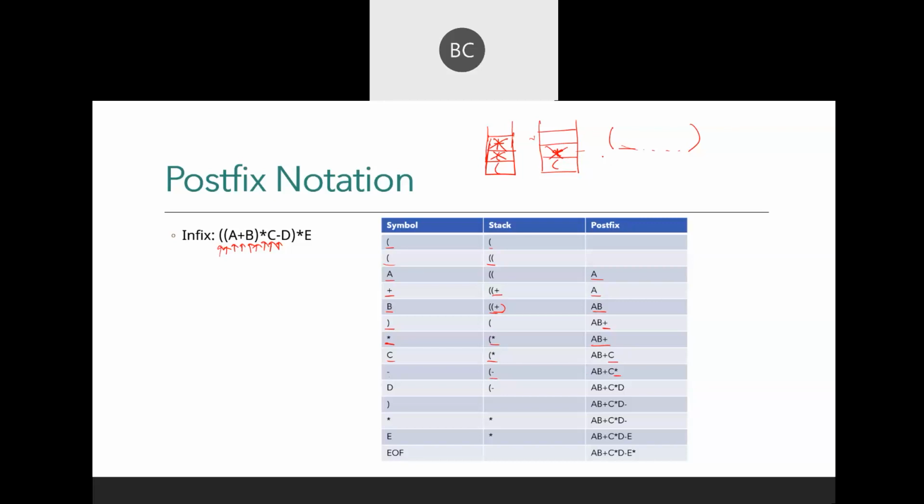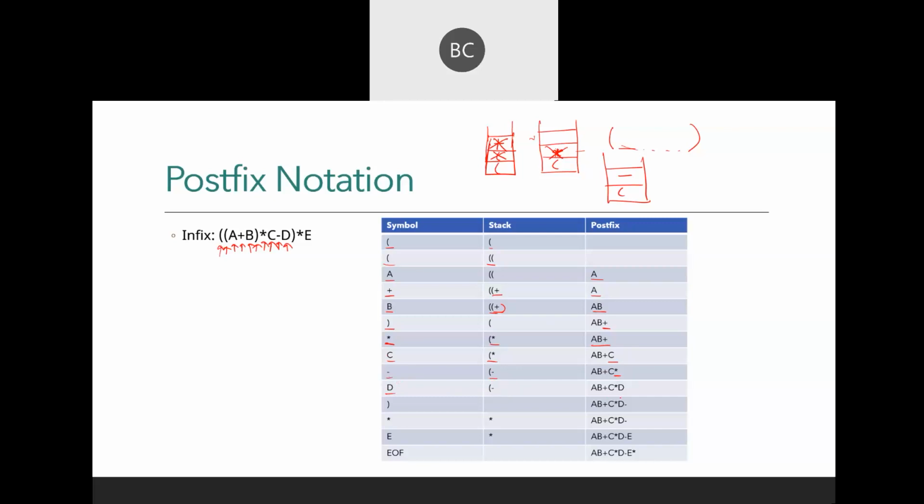So after this, your stack will be like this. Okay, got it? Next you have D.